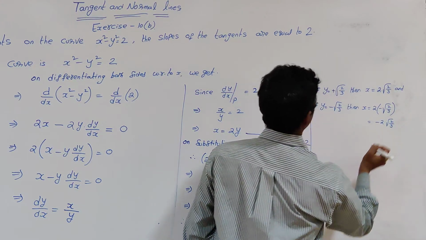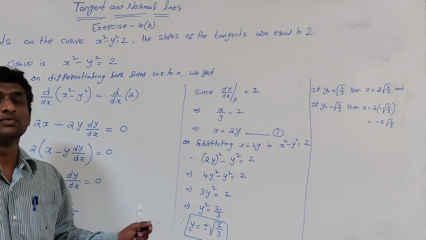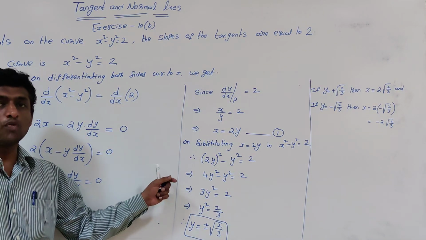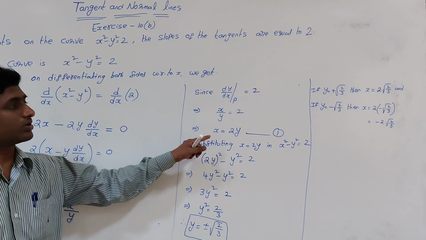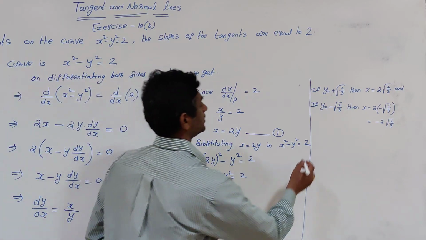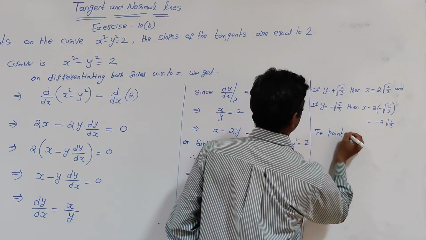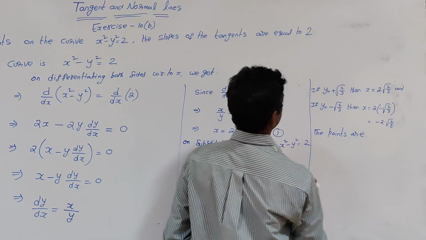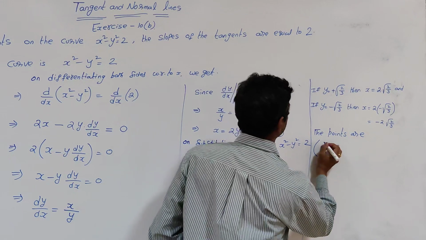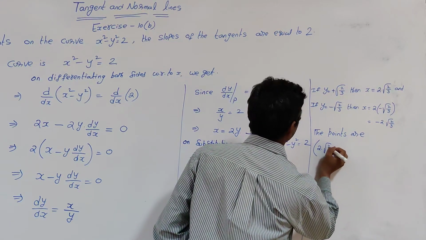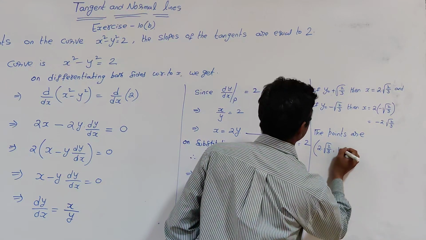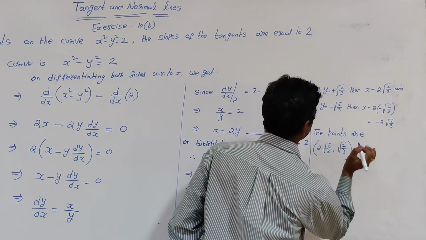So the points where the slope of the curve is 2 are x comma y, 2 into under root of 2 by 3 comma root 2 by 3.